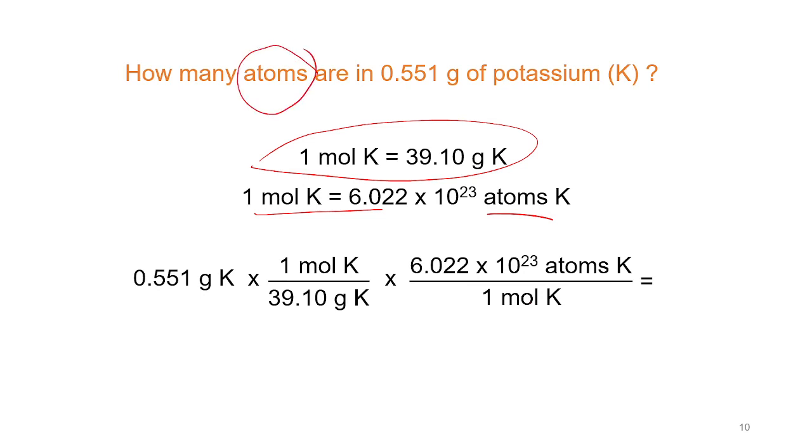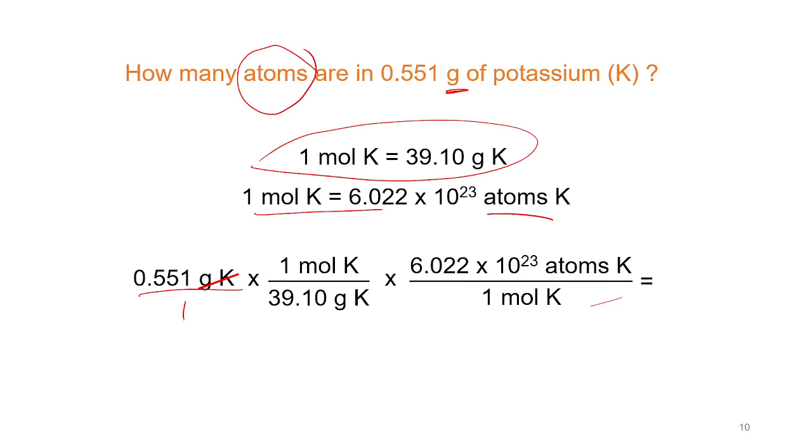Your outcome will be atoms, and you need to convert grams into atoms. We can look at the given as another fraction, with a numerator and a denominator, and these two will cancel out. Another thing, the mole in our numerator and the mole in our denominator will cancel out, and we will be left with our atoms.